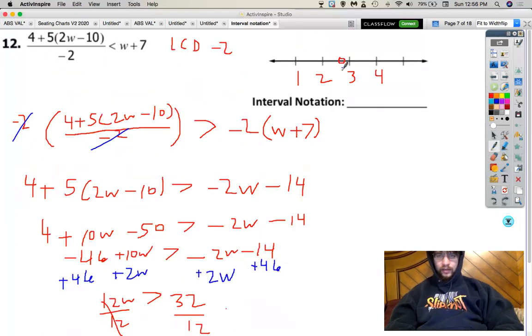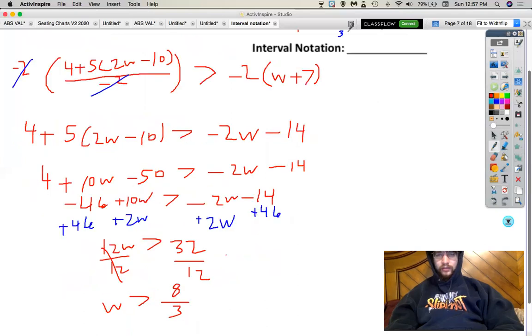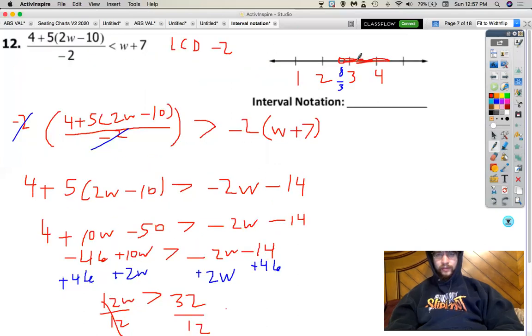I'll just stick that underneath there. And I'm gonna shade. It's going to be greater than 8/3. I'm going this way, to my right. Done. It's graphed.